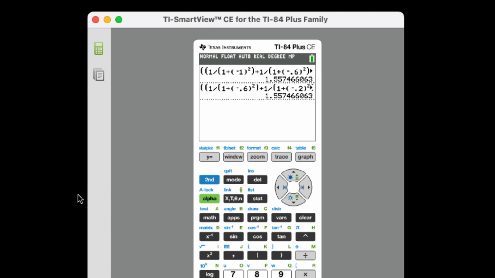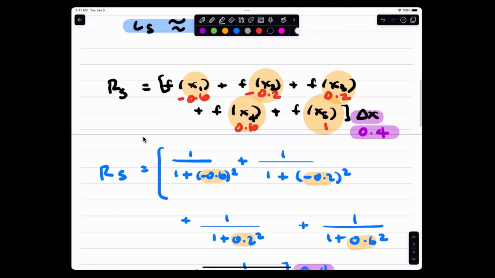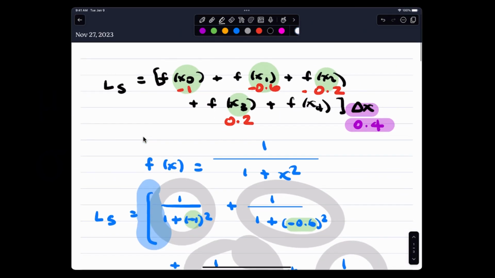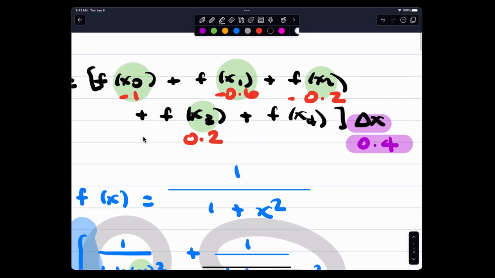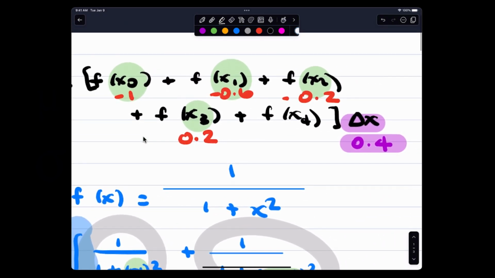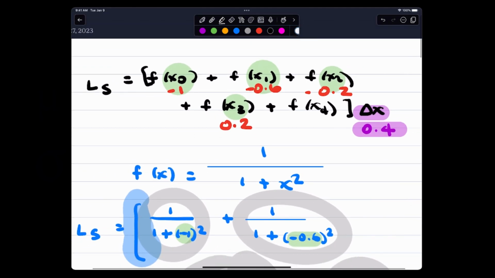So R5, approximating the same value, place value. Also, it's actually the exact same number. And it's only because of the function you see here and the symmetry of the interval.